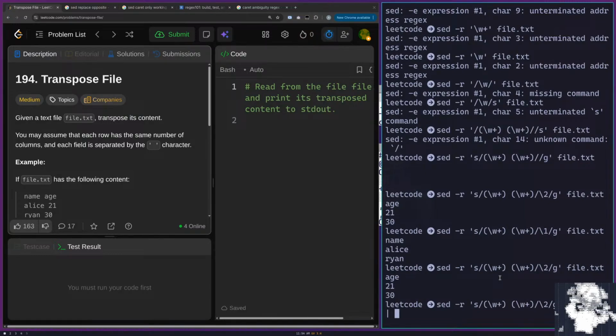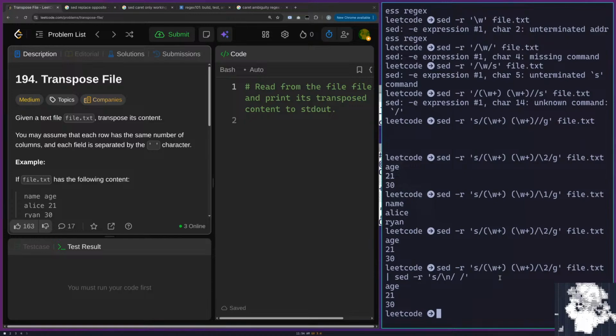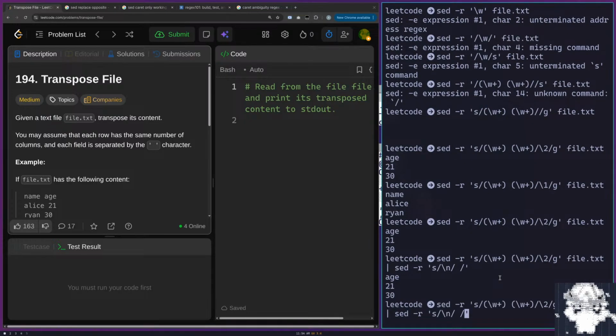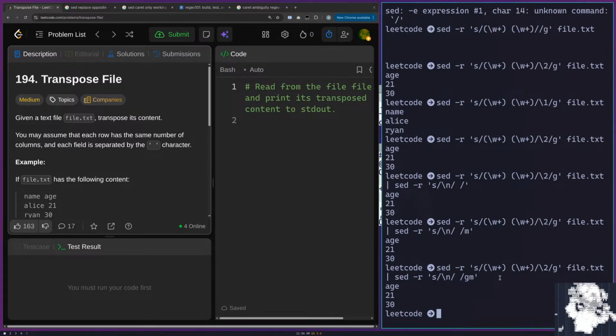So can I pipe this into sed -r, replace new line with space? Multi-line? Global?